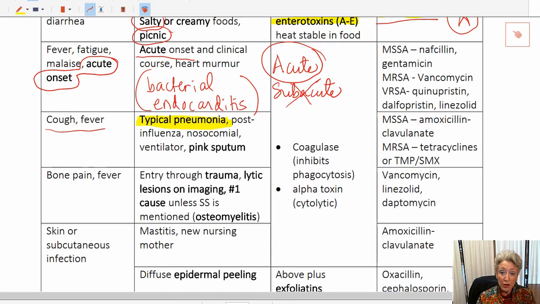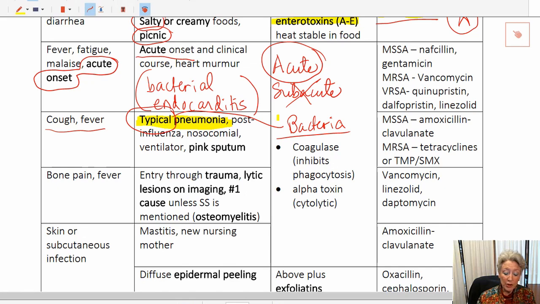So typical pneumonia, if you're thinking immunologically, is the clue that this is something that is bacterial in origin. My typical pneumonias are my bacteria. My atypical pneumonias are my viruses and atypical bacteria, okay?